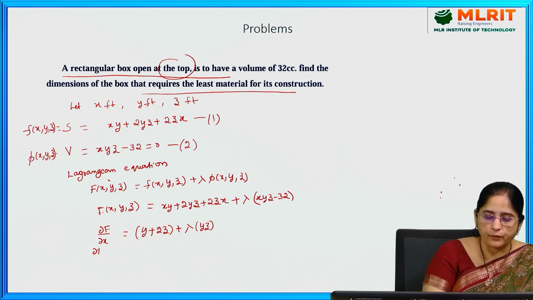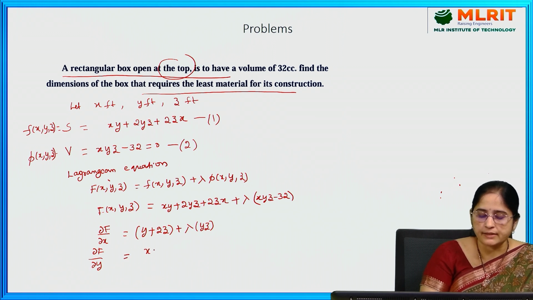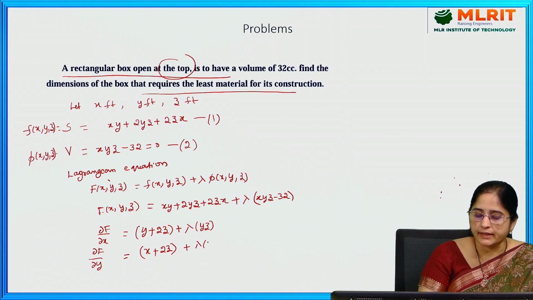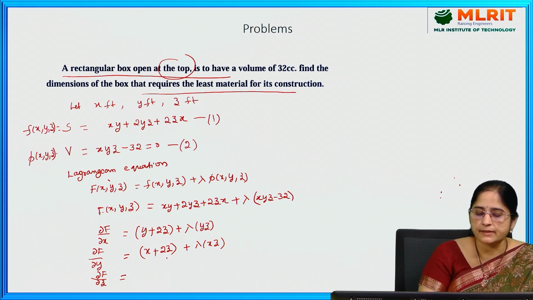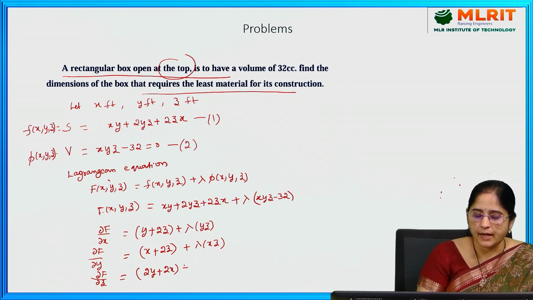Next, dou F by dou y is x plus 2z plus lambda into xz. Next, dou F by dou z is 2y plus 2x plus lambda into xy.